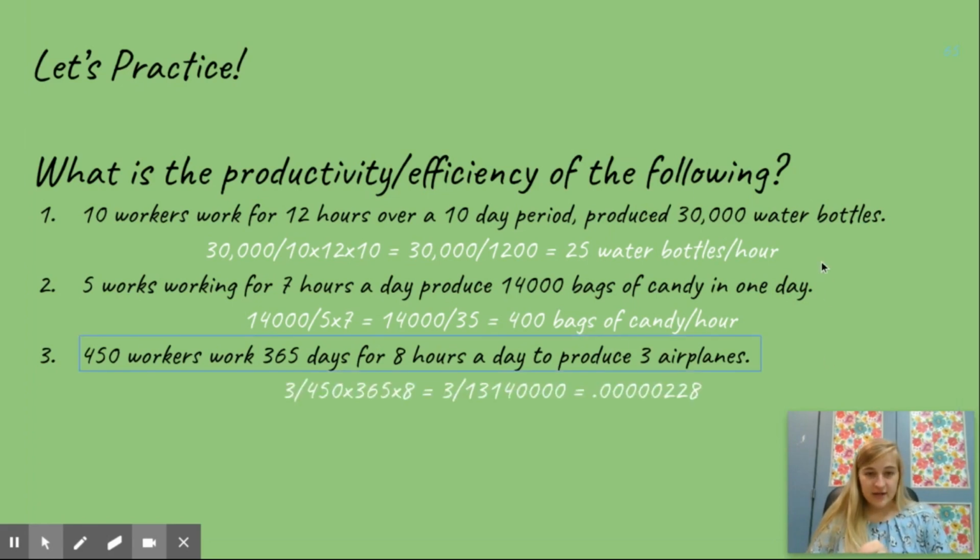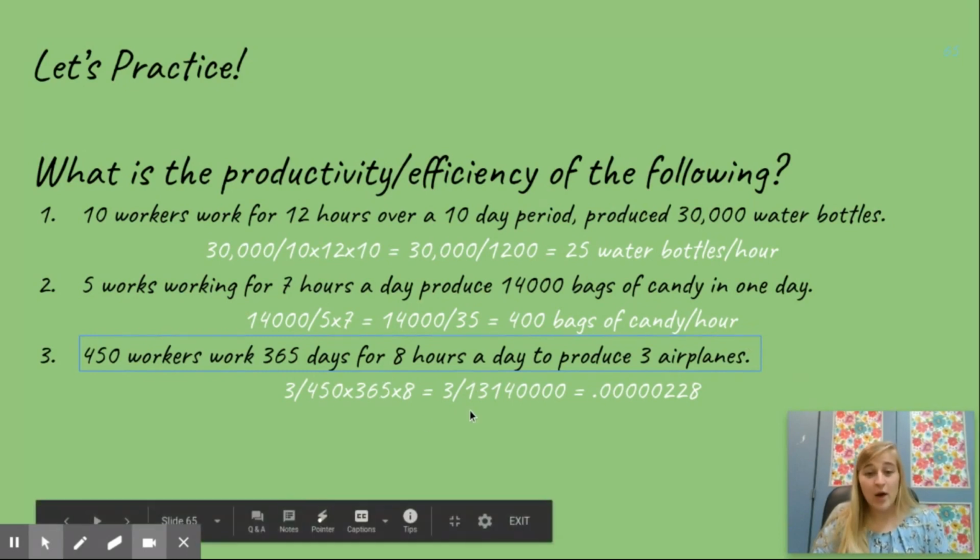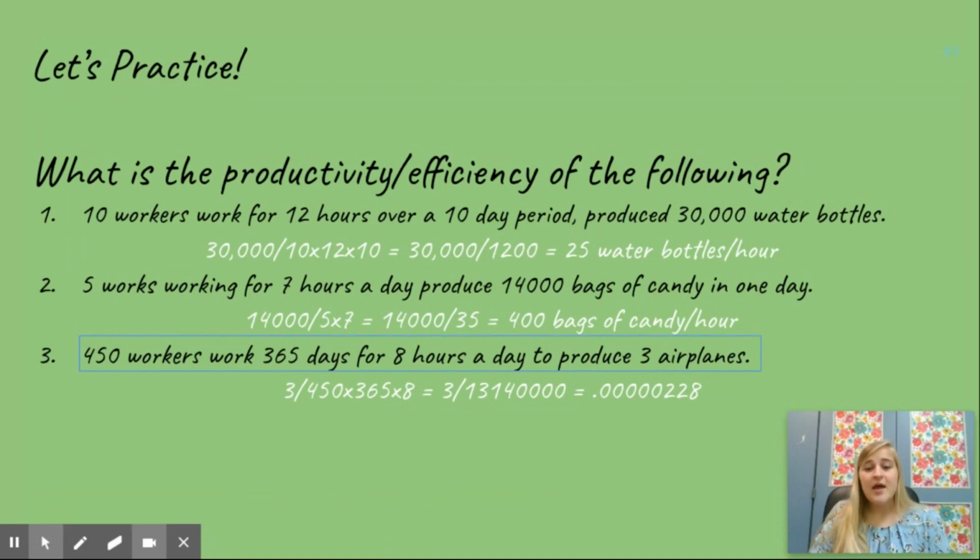How would we do this? 3 airplanes is our output. Only 3. Tiny, itty bitty number there, okay? How many hours total did everyone work on this one airplane? We had 450 workers times 365 days times 8 hours a day. That ends up being 1,314,000. Okay?